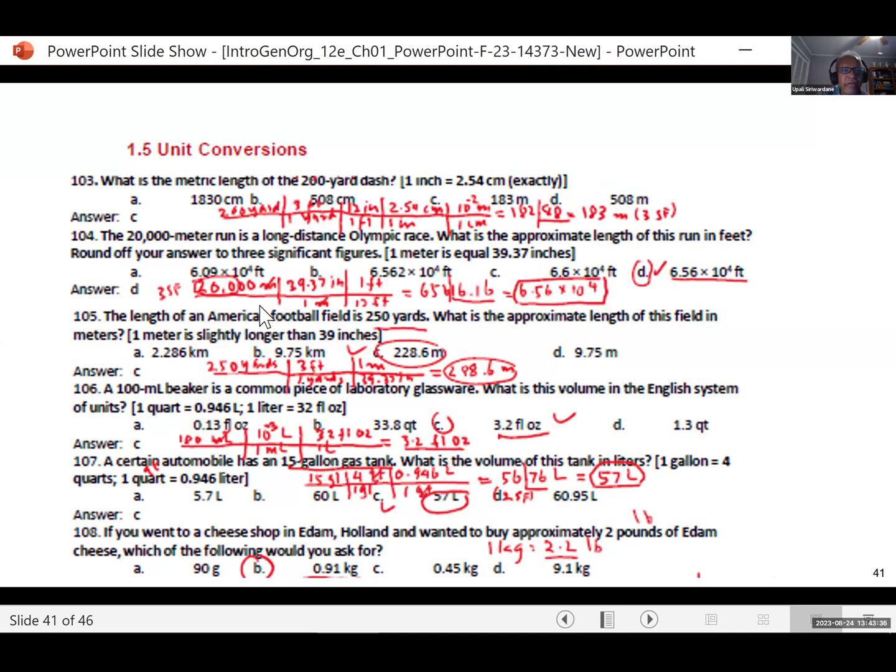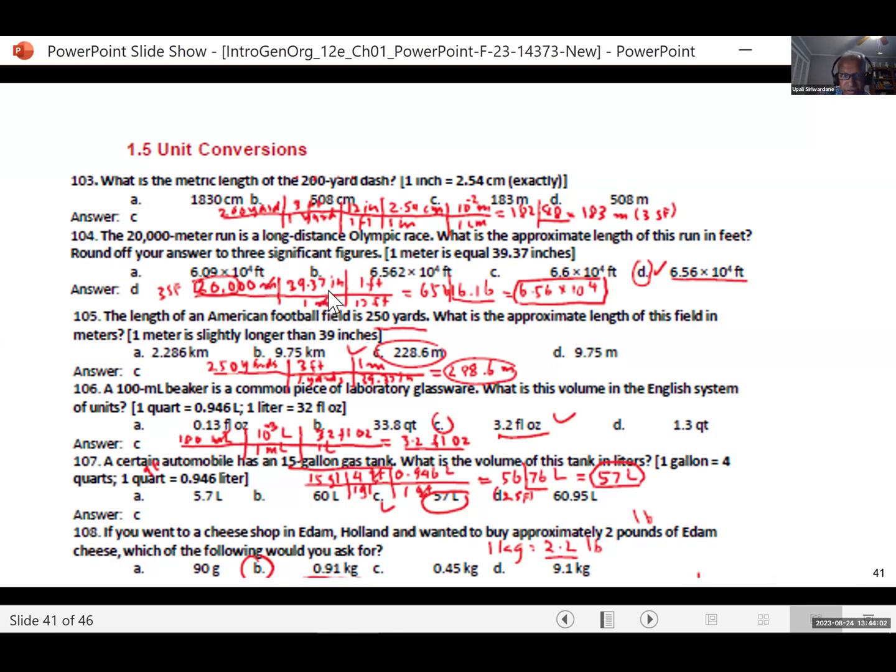Now in this one, 2000 meters, in a long distance run, converted to feet. So how do you convert meters to feet?